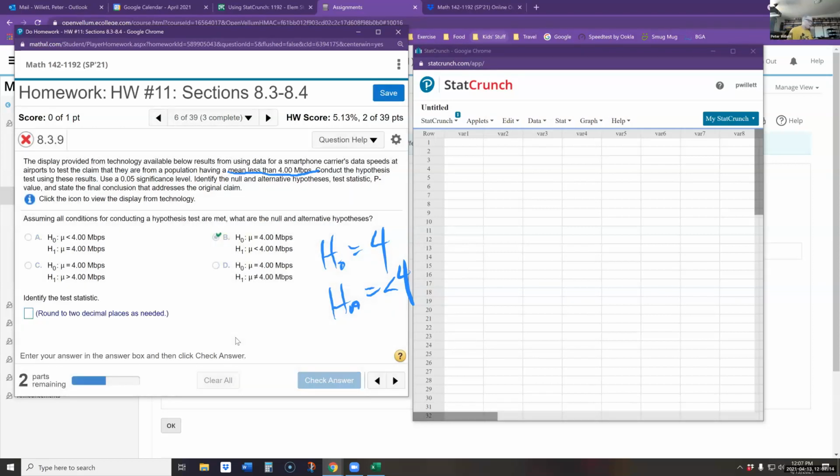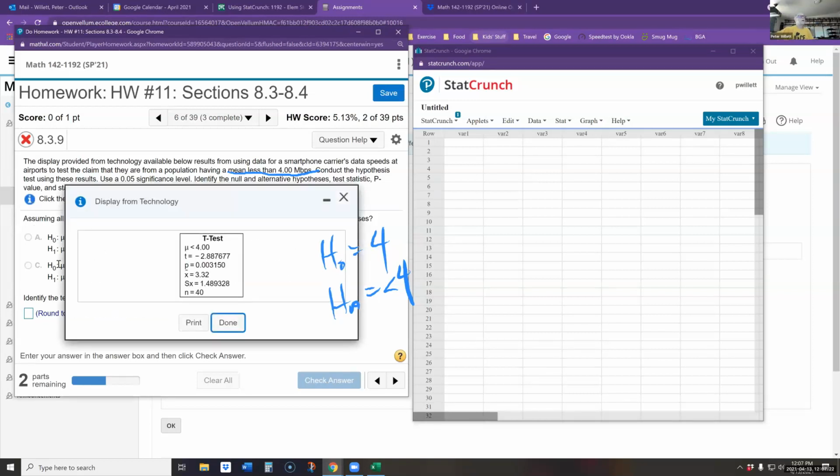So then it says, what is the test statistic? Well, normally we'd be looking that up in StatCrunch, but in this case, they're just giving it to us in this table. So in this problem they just want you to identify these key things that they're referring to from the technology. So what is the test statistic for this mean test? It's the mean of your sample translated into a distribution score. In this case, it gave us a t-score of negative 2.887.